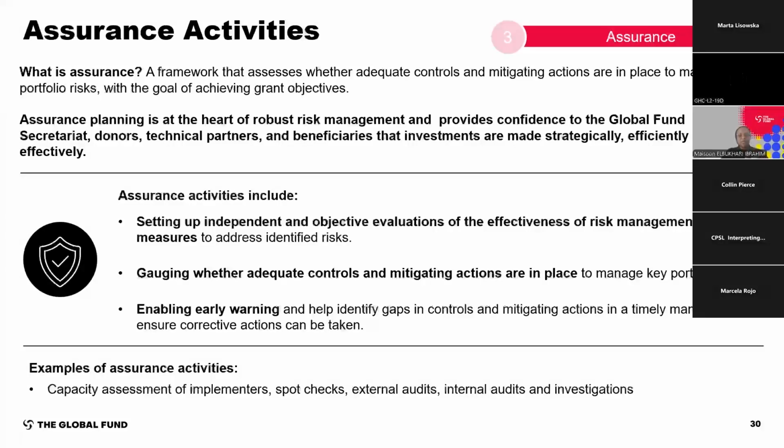Assurance planning is central to risk management as it provides confidence to key stakeholders like the Secretariat, the country coordination mechanism, and the Global Fund Board that our investments are on track to deliver the program results. It also confirms the effectiveness of the risk management measures in place. So when planning assurance activities, we aim for a balance between two key elements.